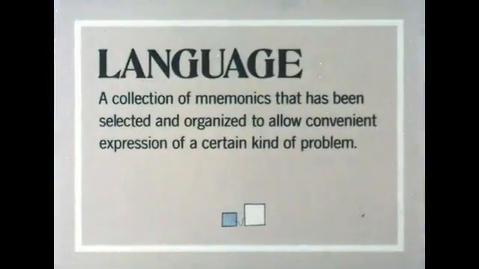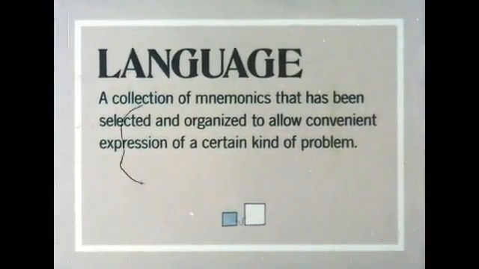Greatly elaborated and formalized, this leads to the design of a computer language. A collection of mnemonics that has been selected and organized to allow convenient expression of a certain kind of problem.